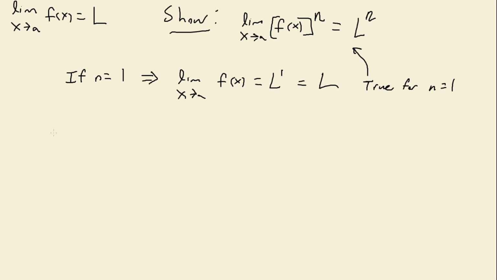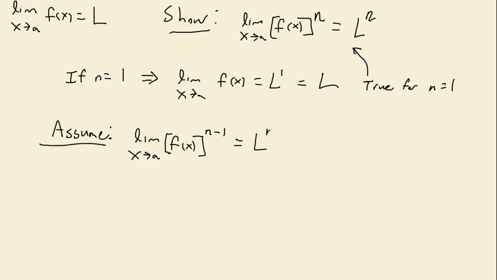And so because of that, we can assume that the limit as x approaches a of f of x to the power of n minus 1 is equal to L to the power of n minus 1. We're going to assume that this is true.